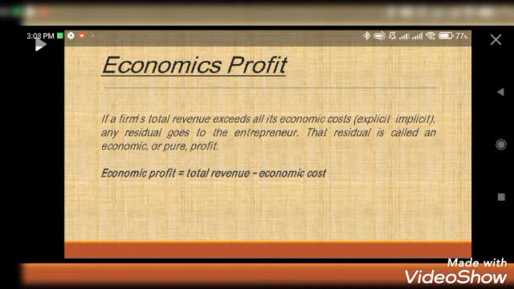Okay, now what is economic profit? In simpler words, as you can see in the slide as well, when a firm's total revenue exceeds all its economic costs, explicit and implicit, any residual goes to the entrepreneur. That residual is called an economic or pure profit. Its formula is economic profit equals total revenue minus economic cost.